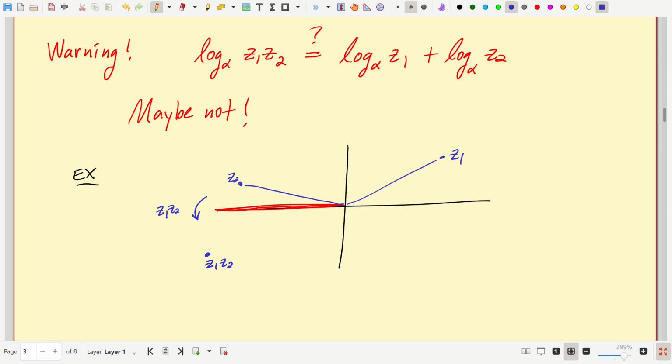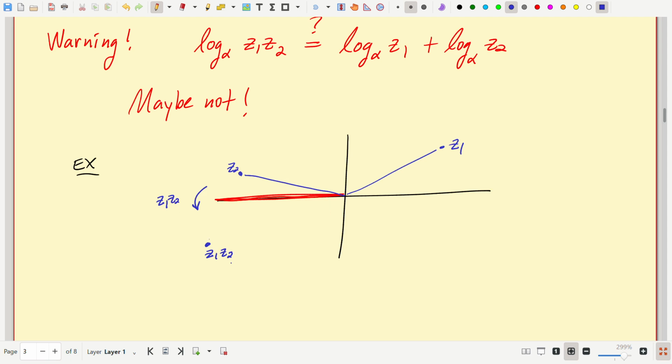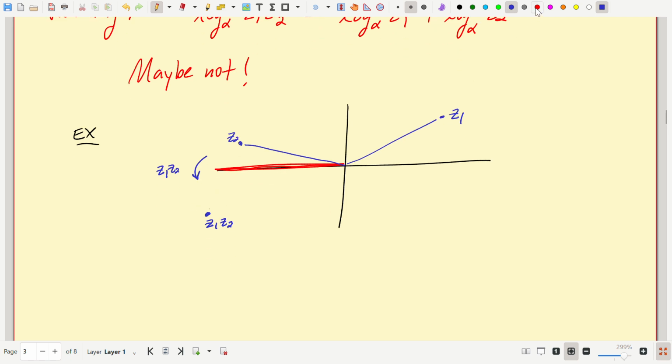And these two arguments would both be positive. So what we see from this is that the principal argument of z1 z2 would be less than 0, but the arguments of zj would be greater than 0 for j equals 1, 2. So there's no way that they would add up like that.